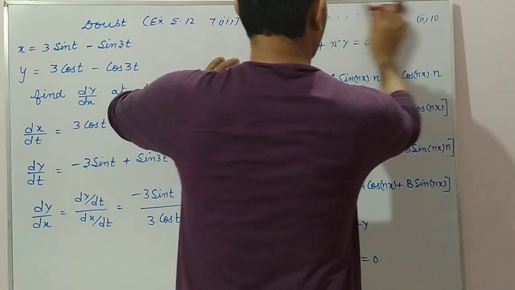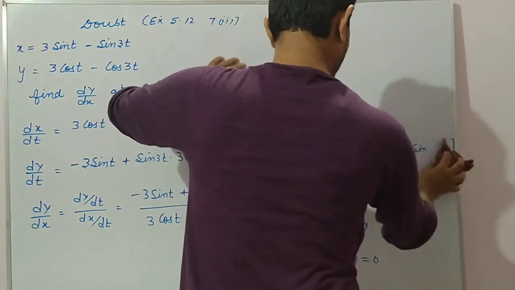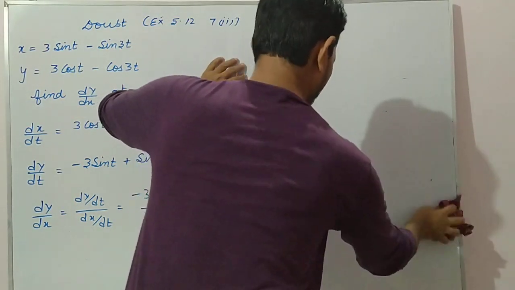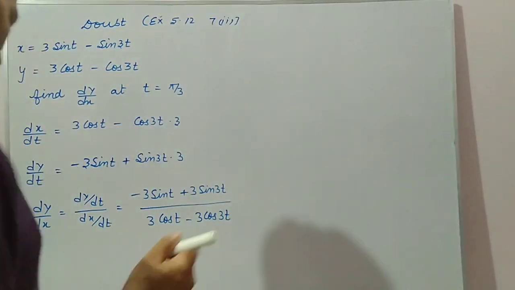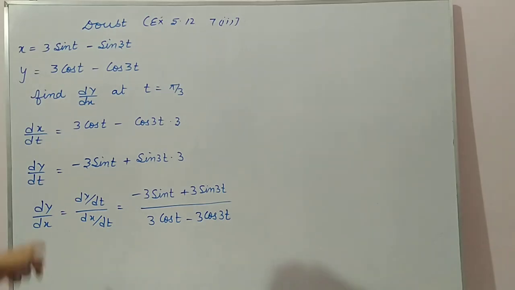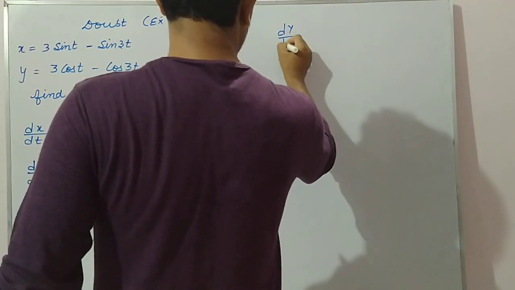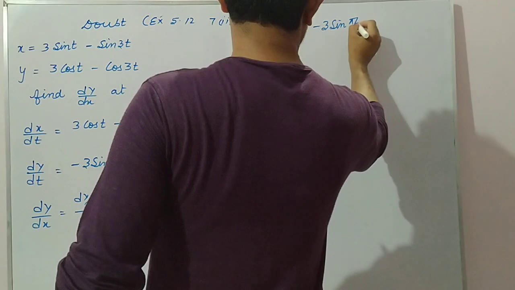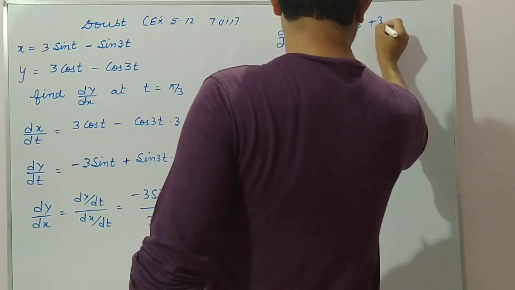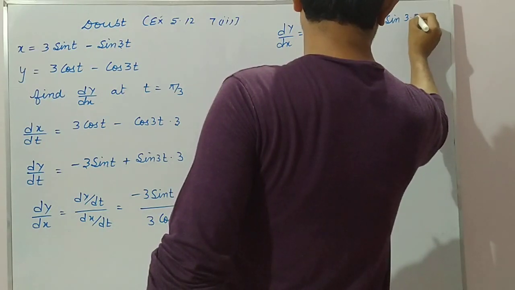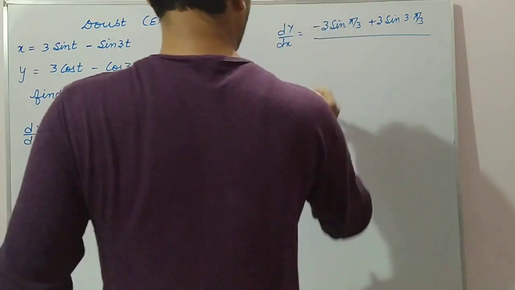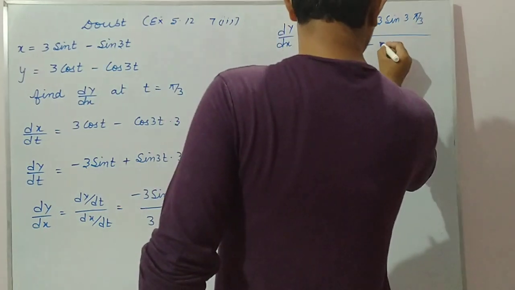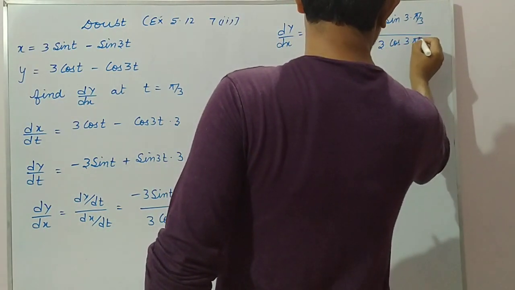Now we'll put the values. At t equal to pi by 3, dy by dx is minus 3 sin pi by 3 plus 3 sin 3 into pi by 3, divided by 3 cos pi by 3 minus 3 cos 3 into pi by 3.